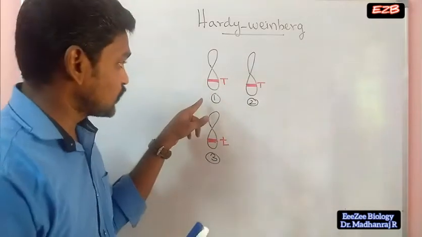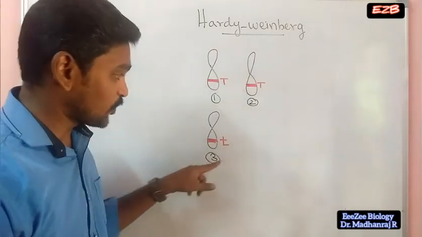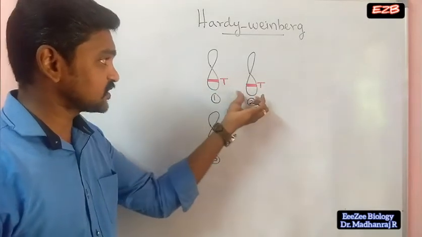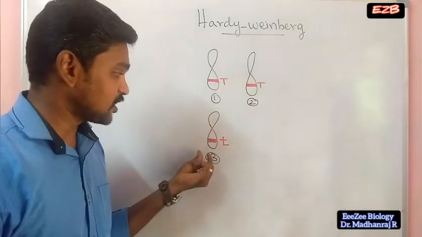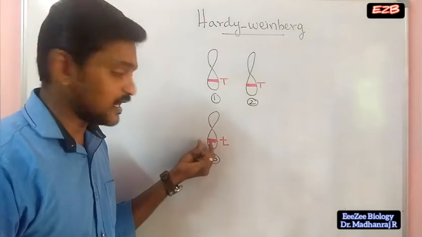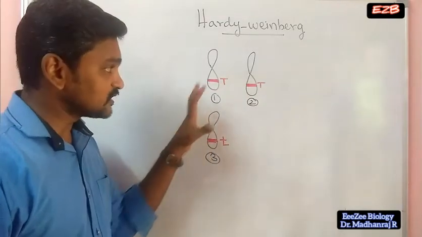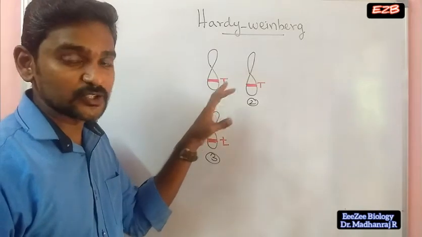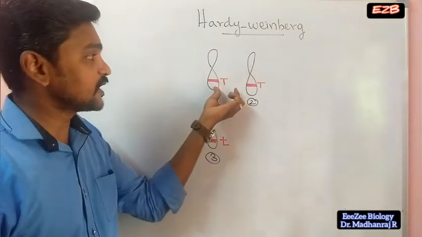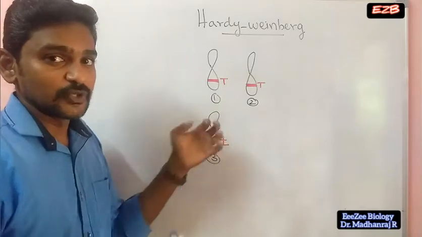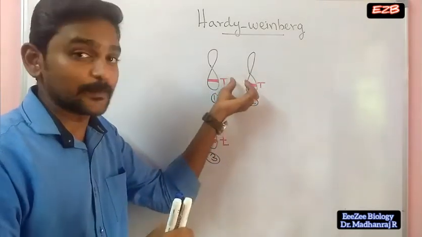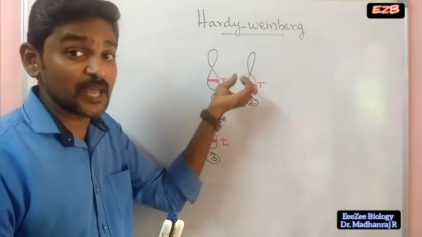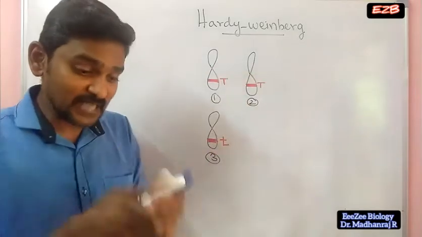So in the group of population, two persons have the same allele at the same location, but the third person has a different allele at the same location. This is the allele frequency you have to calculate. This will be more and this will be less. So in a population, how many times an allele repeats at the same location of the same chromosome is called allele frequency.